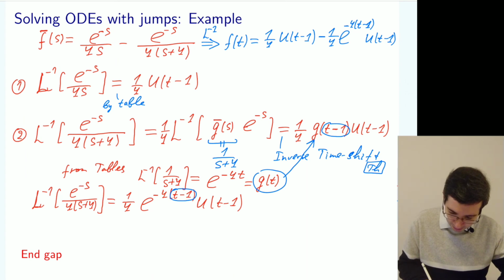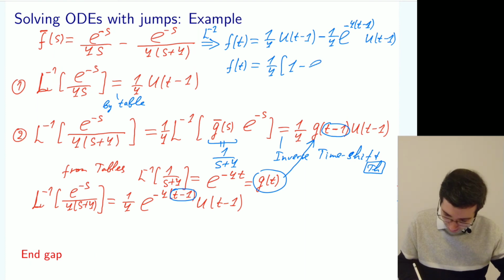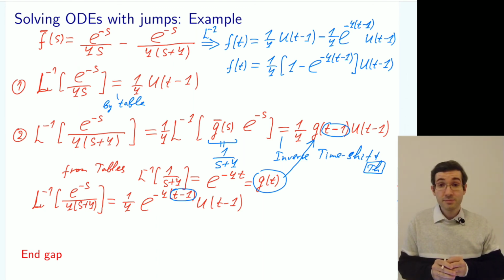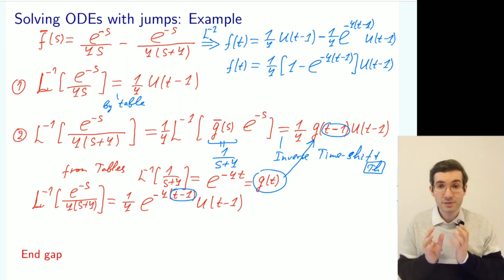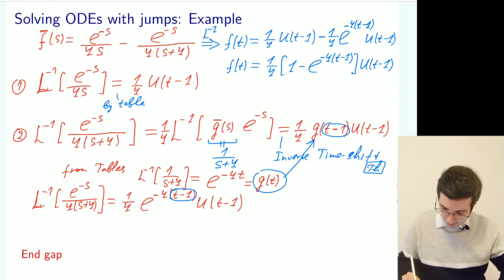Or you can simplify it and write the solution as 1/4 times (1 minus exponential to the power of minus 4 times (t minus 1)) times a unit step function. So here you just applied an inverse time shift theorem to find that solution.